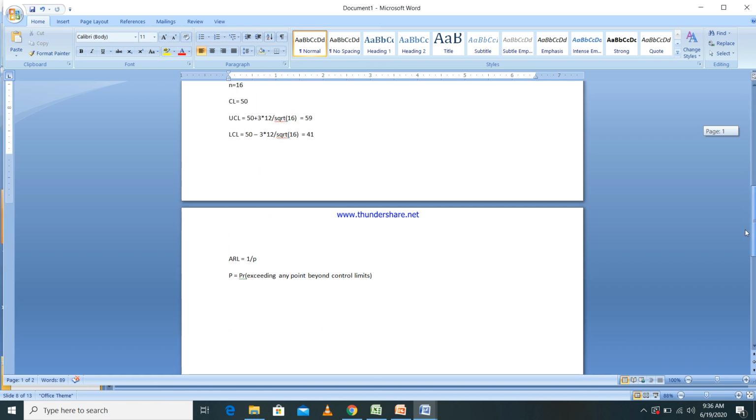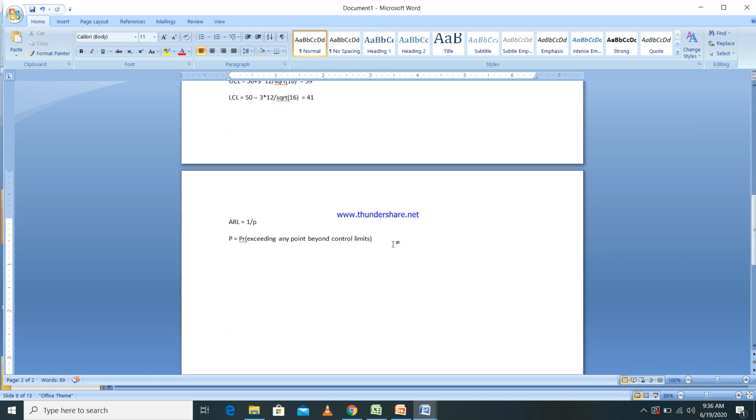So if you are going to find this probability, what you have to find is the probability that the mean value, we'll take it as x bar, is greater than 68, plus the probability of getting the mean value less than the lower control limit, or in other words, 32 as per our first example.